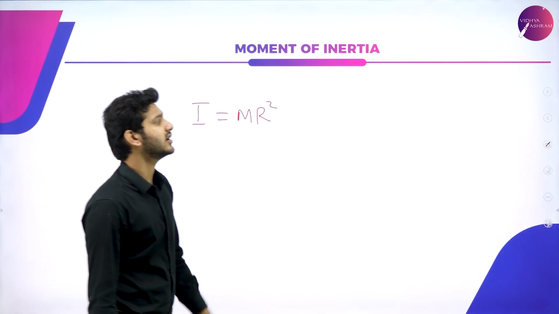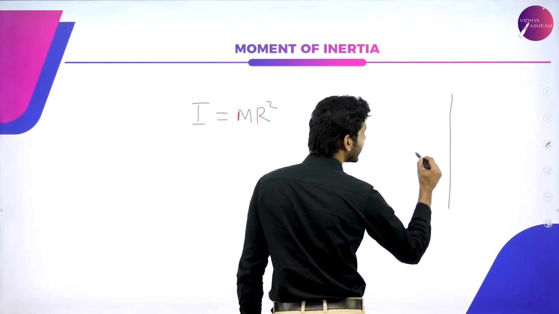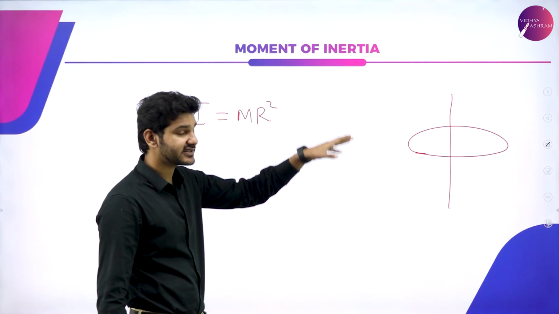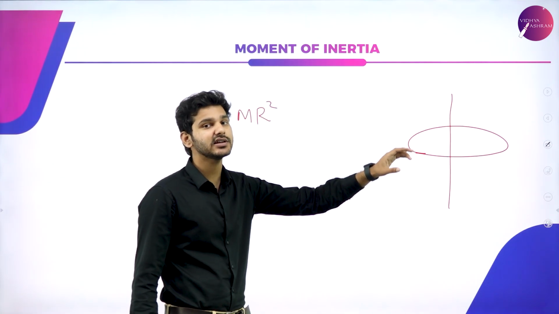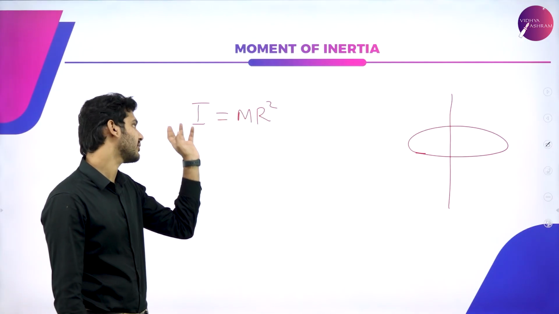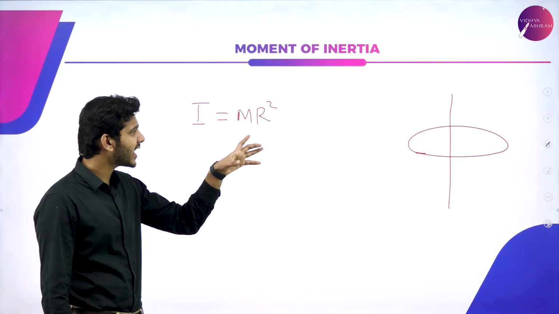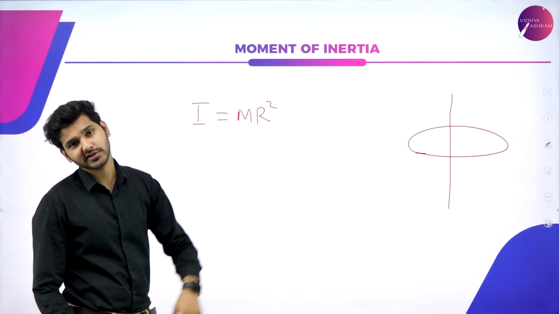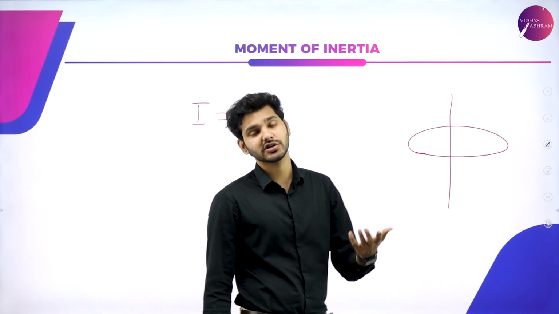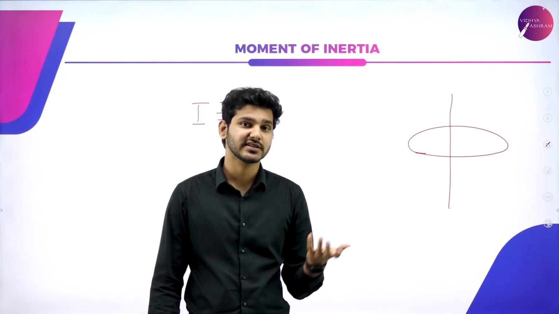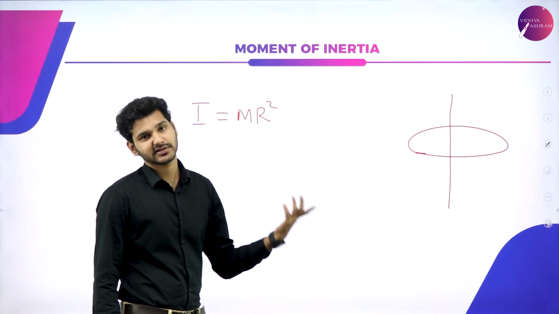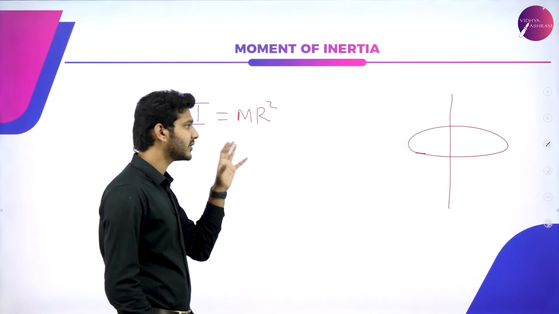That is when we consider a particle rotating around a fixed axis, where the axis passes through the center and the particle rotates around that axis. Then moment of inertia of that particle is given by mr square. So it will depend upon the mass of the particle, mass distribution of the body, radius from the axis, and how far the object is spinning from the axis. Those things also affect moment of inertia.